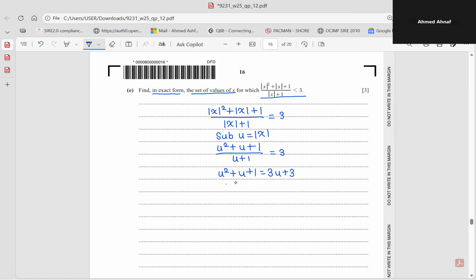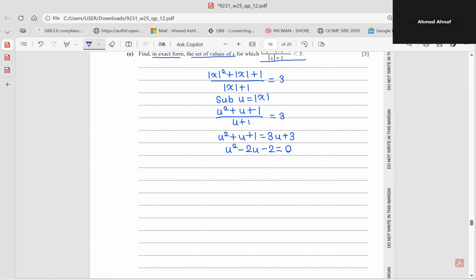So this is going to be u squared minus 2u minus 2 equals 0. Let's try factorizing this. I don't know if it'll work. Okay, unfortunately, it doesn't. So we're going to have to use the quadratic formula.